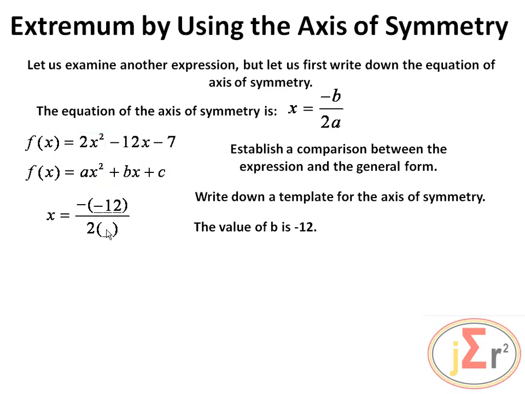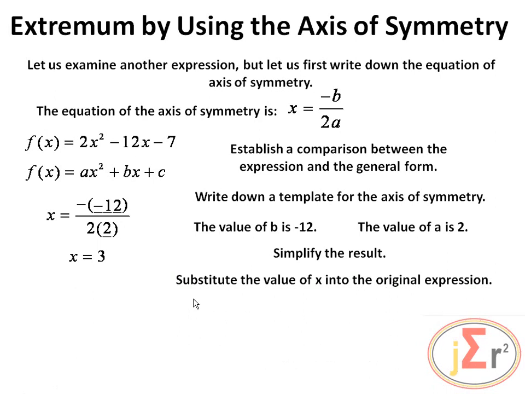The value of a will go right there. The value of a is 2. So in simplification, we are going to get negative of negative 12, which is positive 12 divided by 4. So when simplifying the result, we get x is equal to 3.